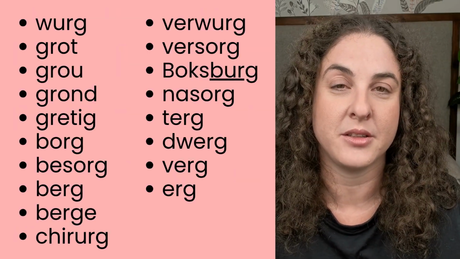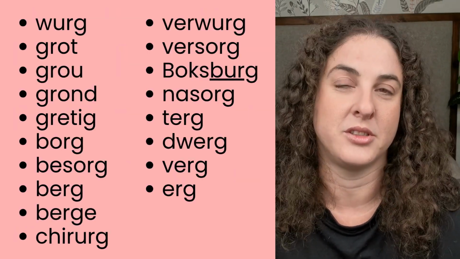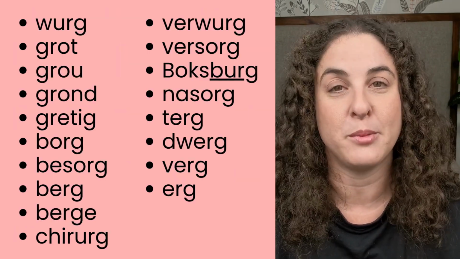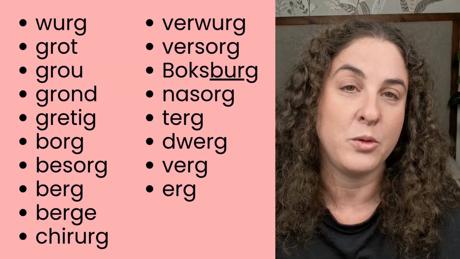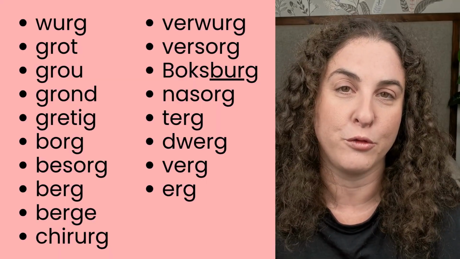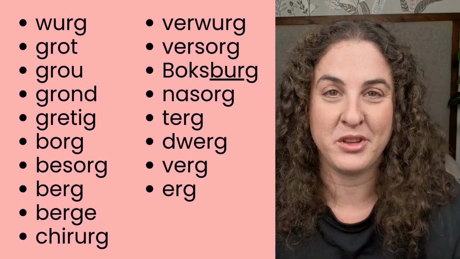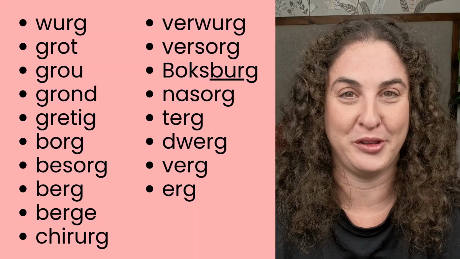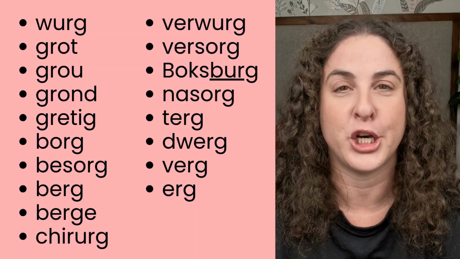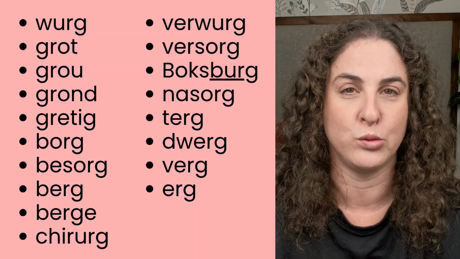To practice the two more guttural and most difficult for some people to pronounce, we have this list of words. Vrg. That is to choke. Okay, I'm just leaving the gesture. Grot, grauw, grond.